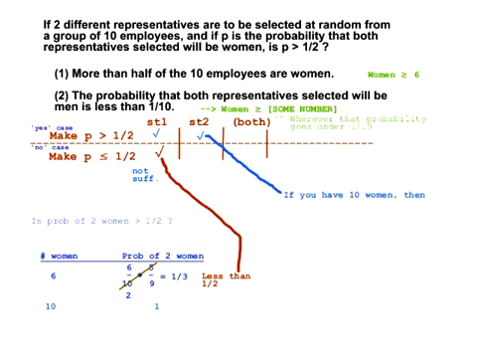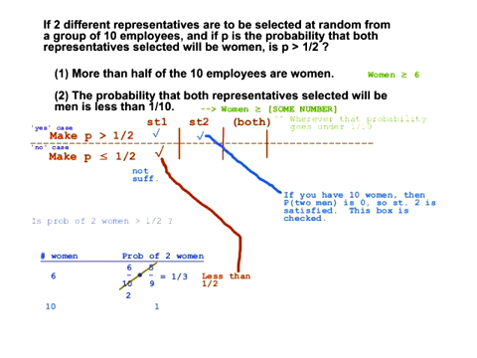If you have 10 women, then the probability of 2 men is 0. So statement 2 is satisfied. And this box is checked. So the goal becomes really, can we check this box or not?